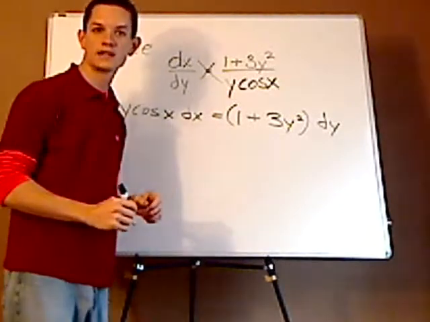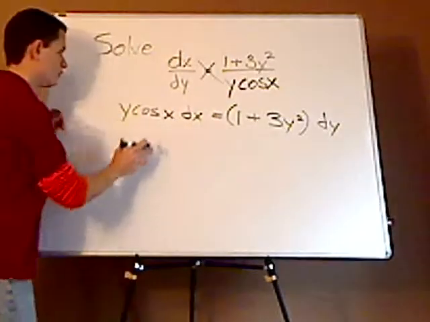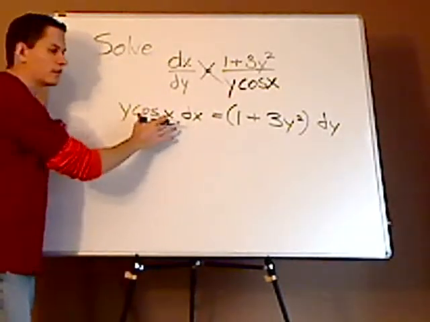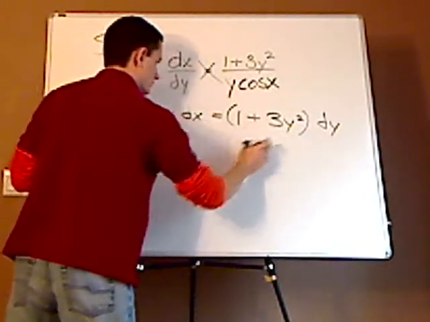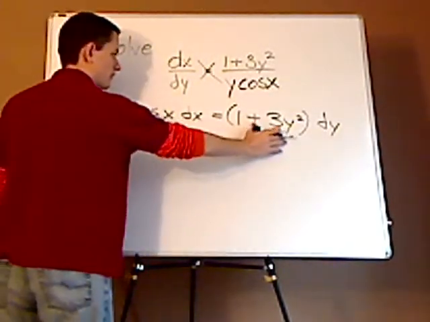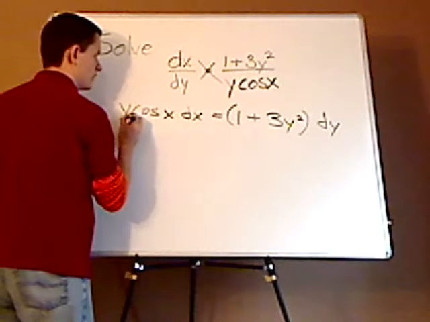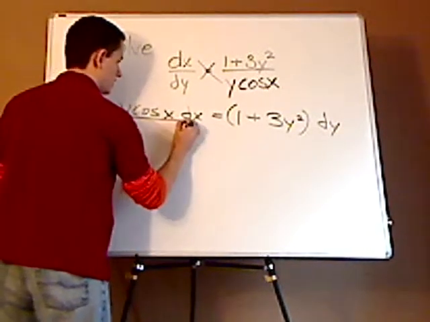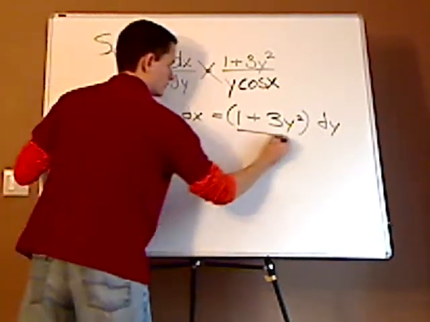Now, your next step is you want all the x's on one side and all the y's on the other side. So this is fine the way it is, but now you want to divide both sides by y.